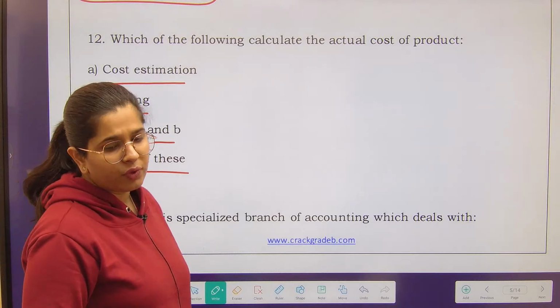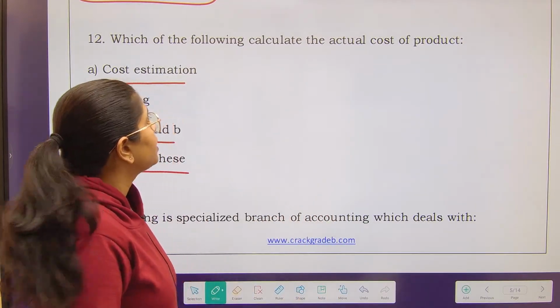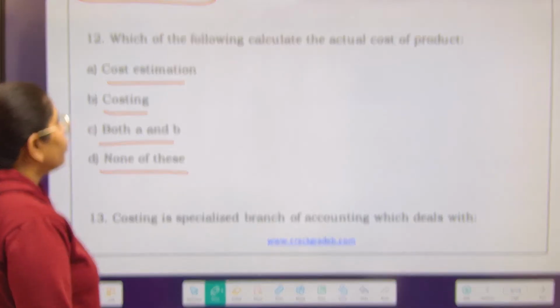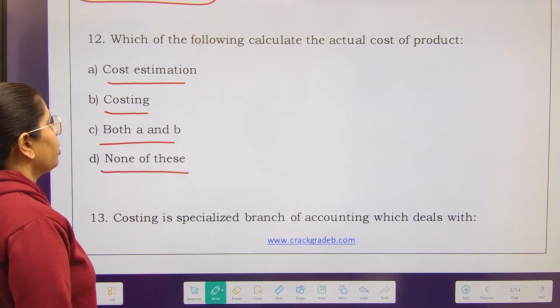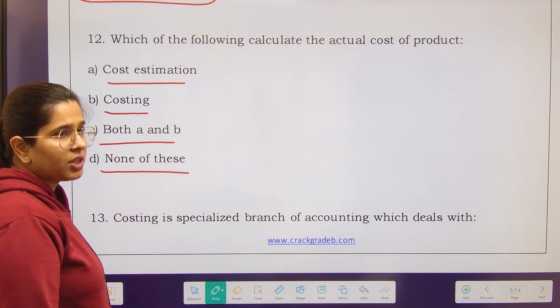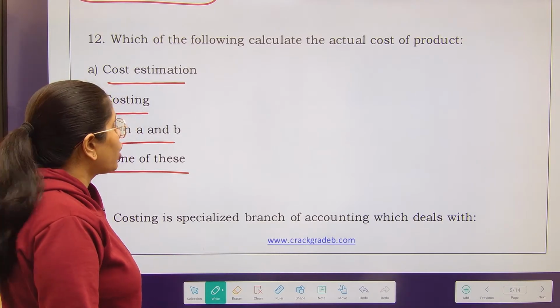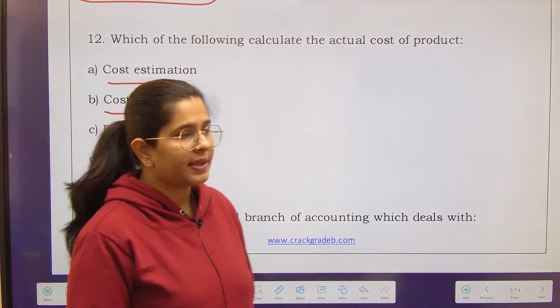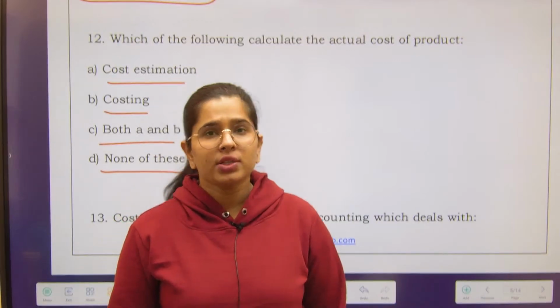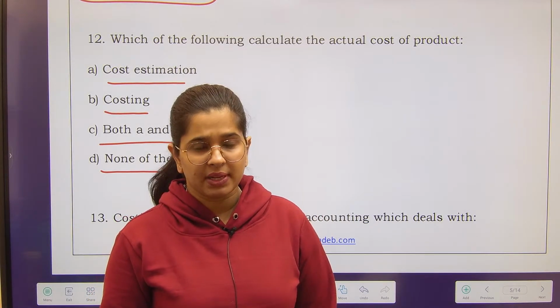In what method do we find out the actual cost of the product? Do we do cost estimation or costing, both A and B, or none of these? See, cost estimation is where you try to estimate it, correct? Costing is also done on the basis of past experiences.